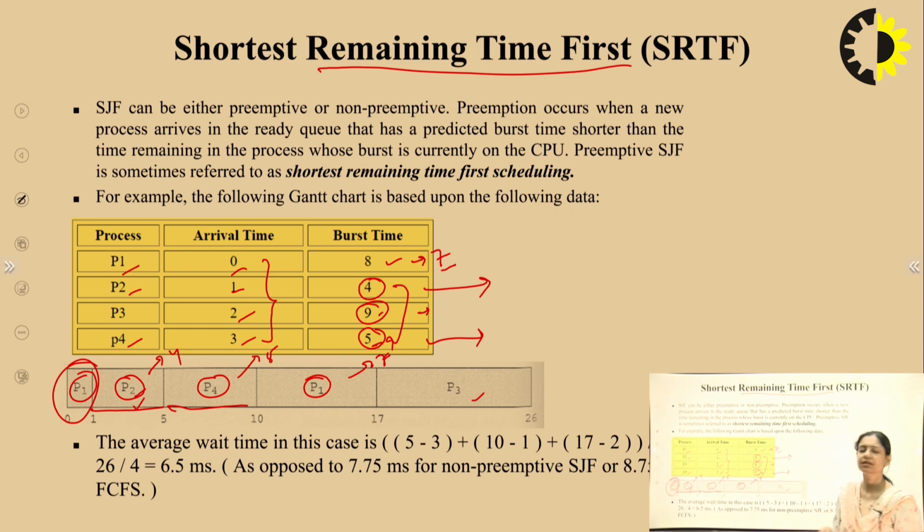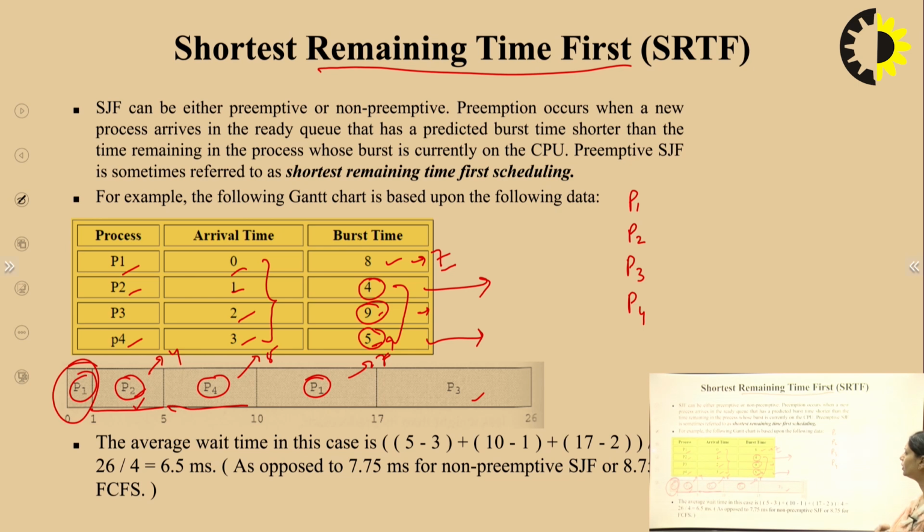P3 will be executing. Now, how are we going to calculate the waiting time? The waiting time, if we look at the table for P1, P2, P3 and P4.